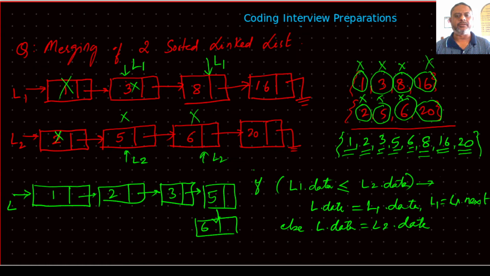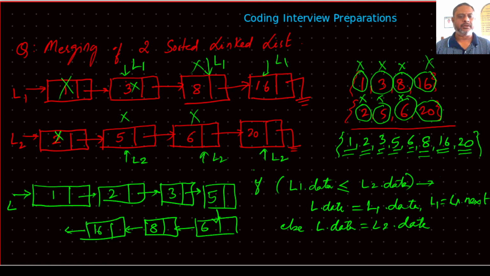Then L2 gets shifted here. Then 8 and 20, of course it's 8. So this turn is over. Now L1 is pointing to 16 and L2 is pointing to 20. So definitely 16 comes first, and finally 20 comes. And that's the end of it.